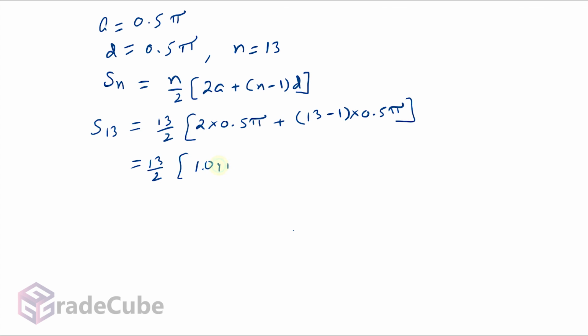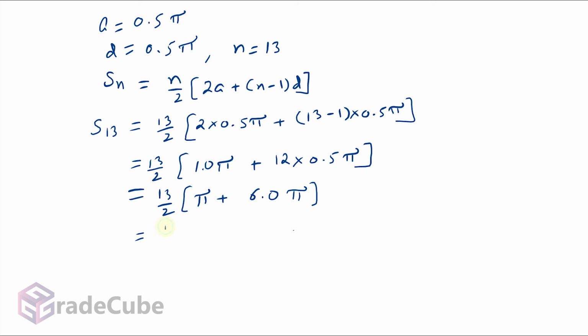It is 1.0 pi plus this is 12 multiplied by 0.5 pi, 13 upon 2. 1.0 or simply 1 can be omitted, so it is pi plus 12 5s are 60. Point comes after one decimal place. So it is 6.0 pi.